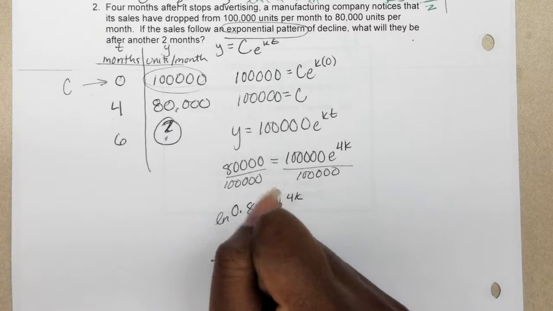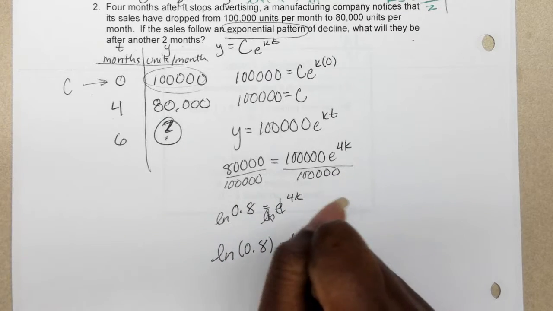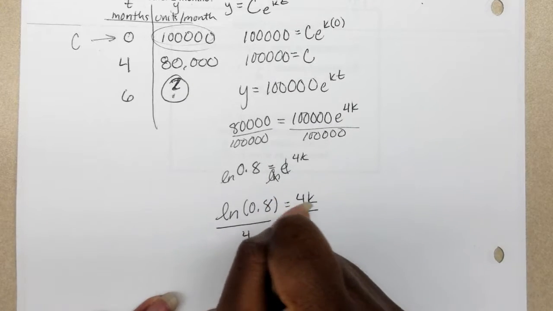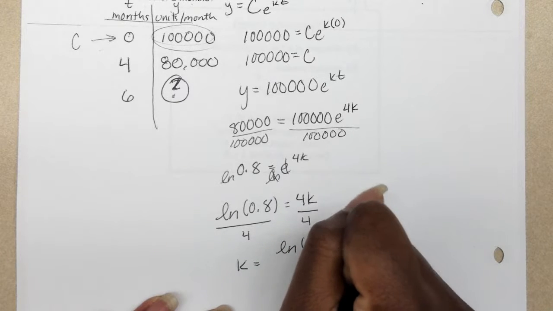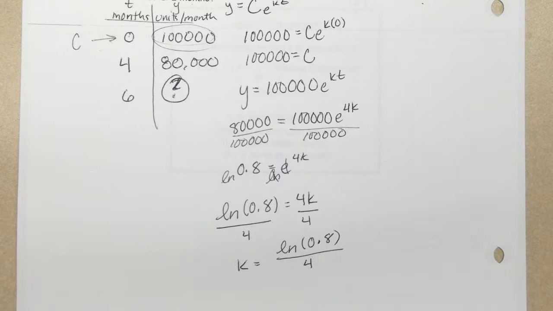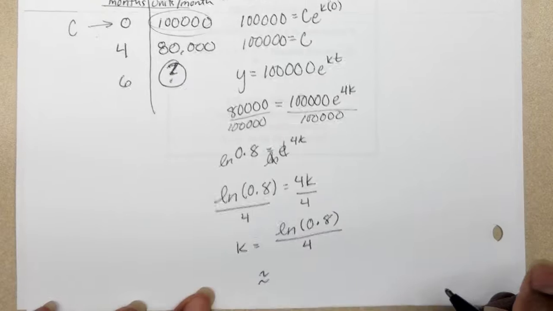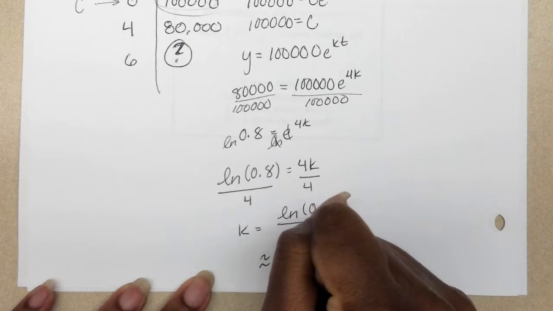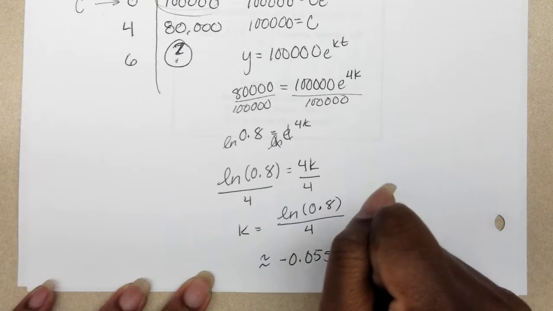So ln of 0.8 is equal to 4k. And then divide by 4. So k is equal to ln of 0.8 over 4, which is approximately negative 0.05579.